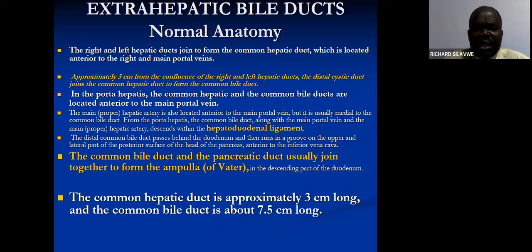For the normal anatomy of the extrahepatic duct, the right and the left hepatic duct join to form the common hepatic duct, which is anterior to the right and the main portal vein.